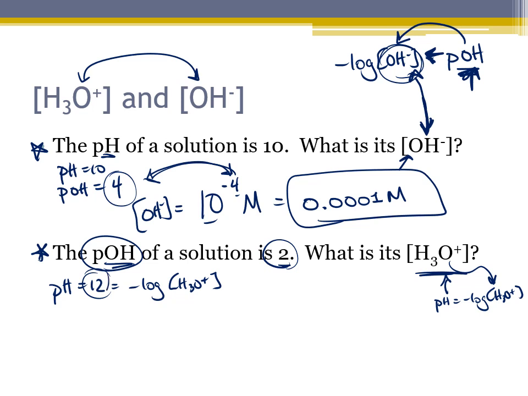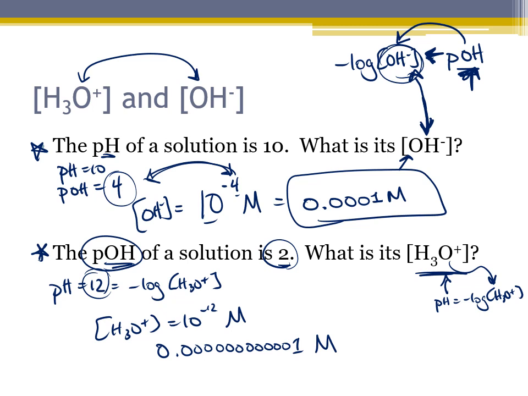Since 12 is my negative exponent on a 10, the hydronium ion concentration is going to be 10 to the negative 12 molar, or 0.11 zeros, that's 3, 4, 5, 6, 7, 8, 9, and a 1 molar. This is my concentration of hydronium ion in this solution that has a pOH of 2. Good.